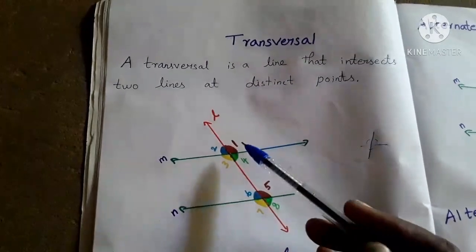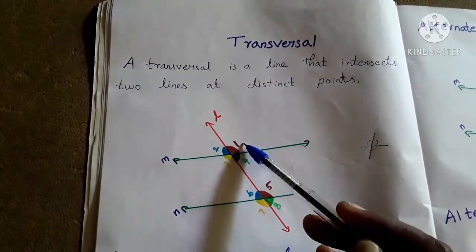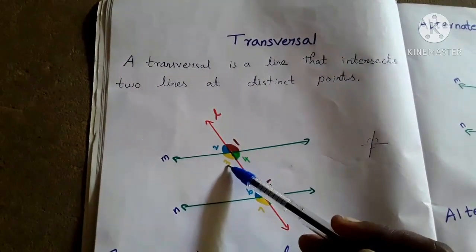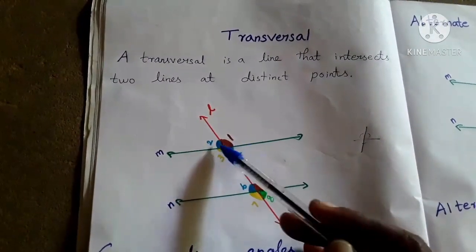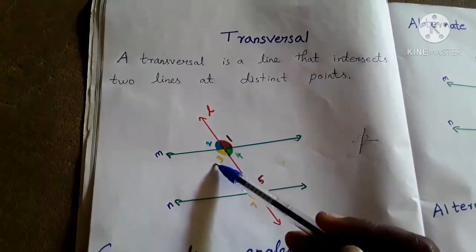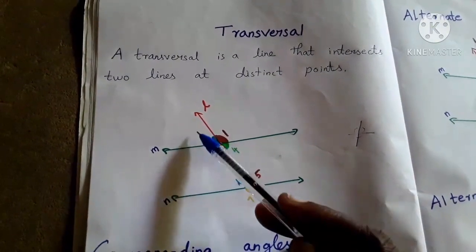Next, angle 1 and angle 3. What are angle 1 and angle 3? Yes, vertically opposite angles. Last class we saw that, no? When two lines intersect, the opposite angles are vertically opposite angles.